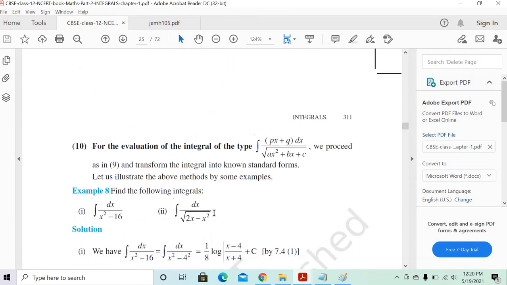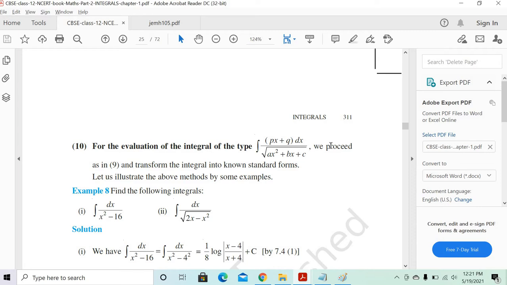The working condition remains the same, just because the denominator is in terms of a root. So the method will be the same. You will put ax square plus bx as t and try to equate the numerator in terms of that. Instead of log, it will become 1 by root t. Clear? Method is same, no difference.